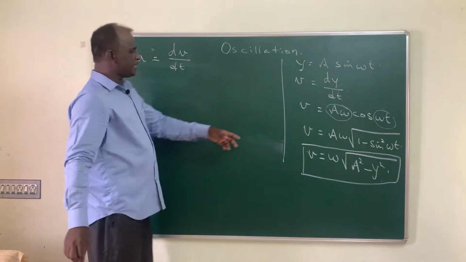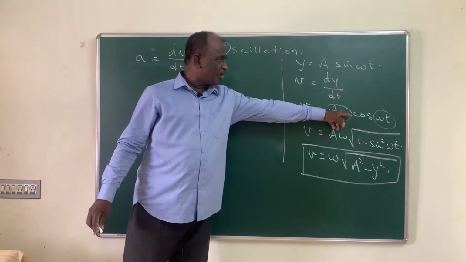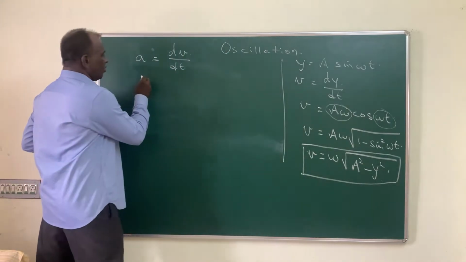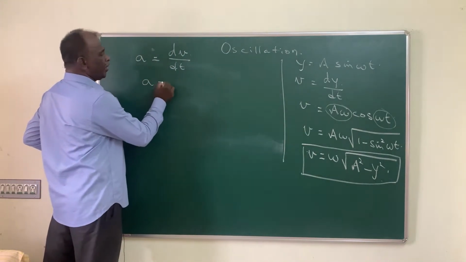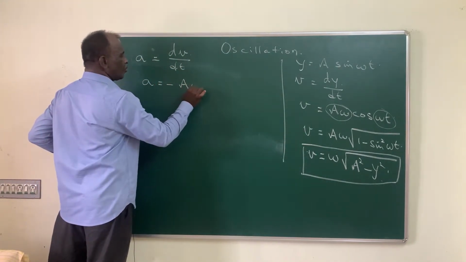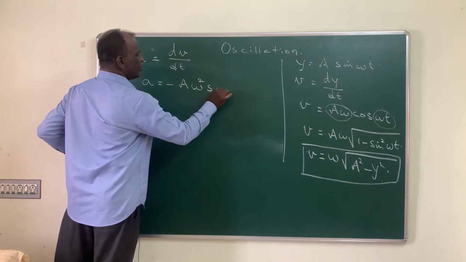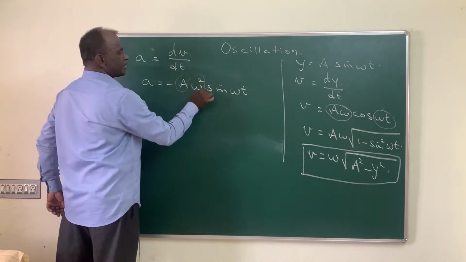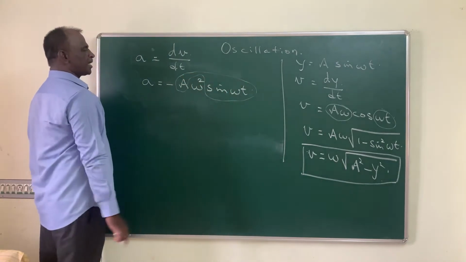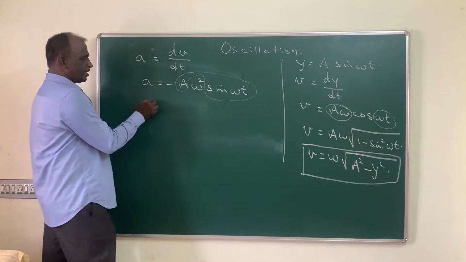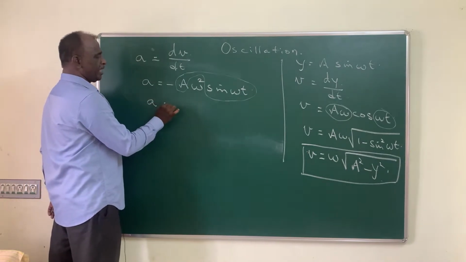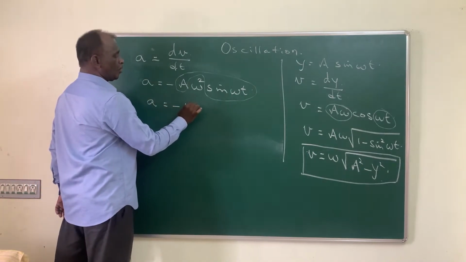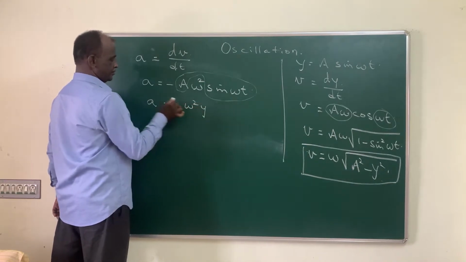After differentiating this velocity, v equal to a omega cos omega t, we get a equal to minus a into omega square into sine omega t. This is nothing but the displacement of the particle. Therefore, the acceleration is given by a equal to minus omega square into y.